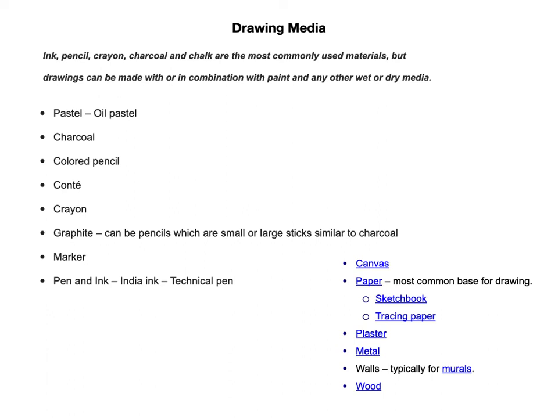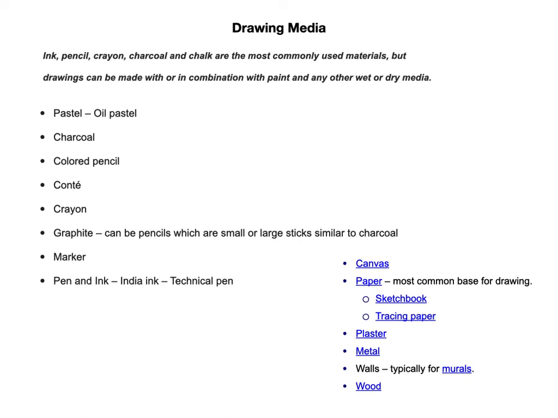markers, where we have a fabric felt tip with the pigment in a liquid form, and then which is preserved, and then we have simple pen and ink, and it's not on this list, but we can also use gold and silver.